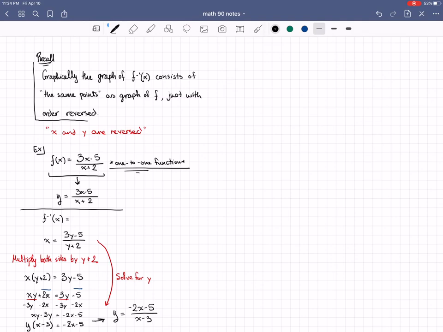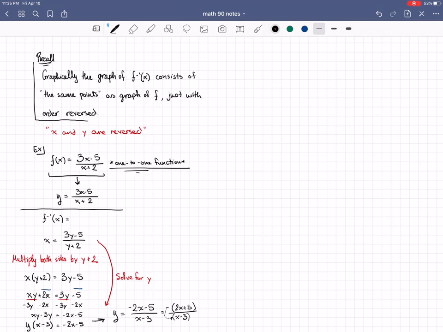Now, before I write it up top, some of you may be thinking, that's an awful lot of negatives up in the numerator. So if you want, you can factor that negative out, like so. You can leave it like this if you want to, or for an even cleaner look, you can move the negative into the denominator, so it's not just knocking around.